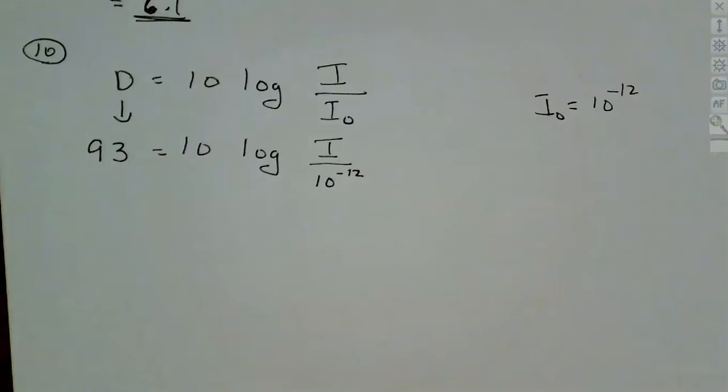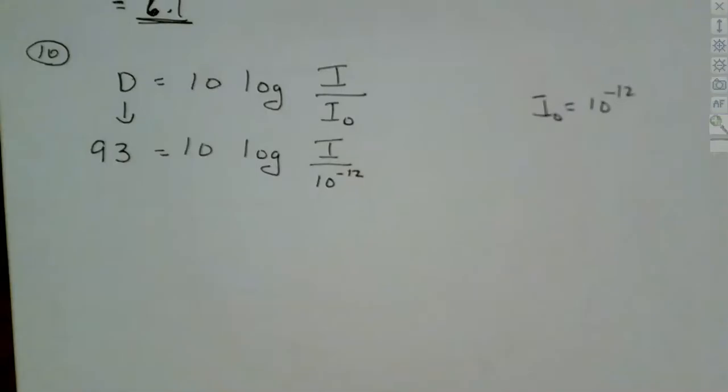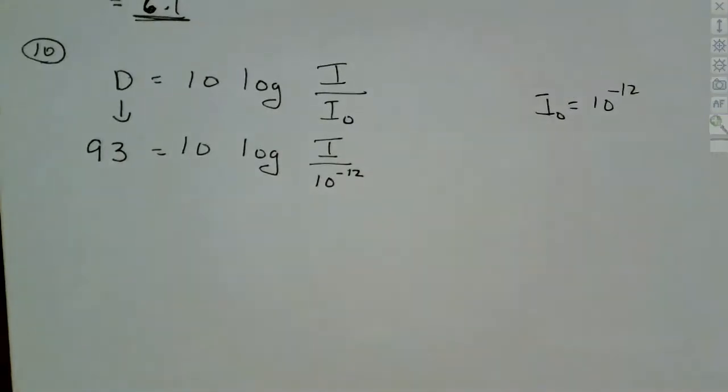Well, the first thing we need to do is think about this like working with the square root problem. Whenever we work with the square root problem, we need to go ahead and get that square root by itself so we can square. Same concept here. We need to get this logarithm by itself so that we can get rid of it by a power of 10.